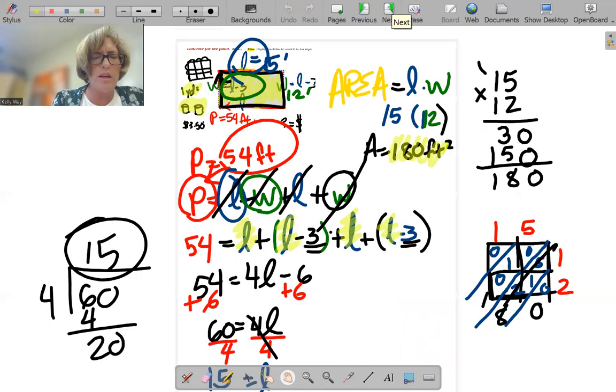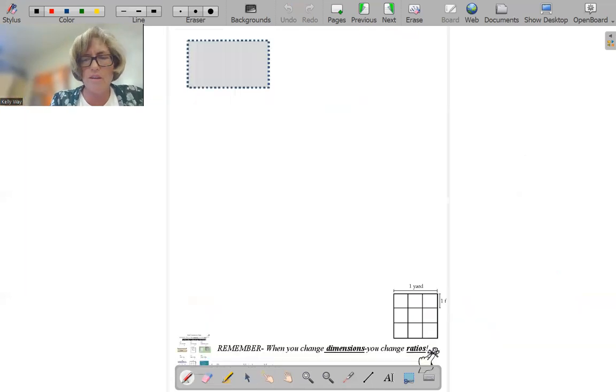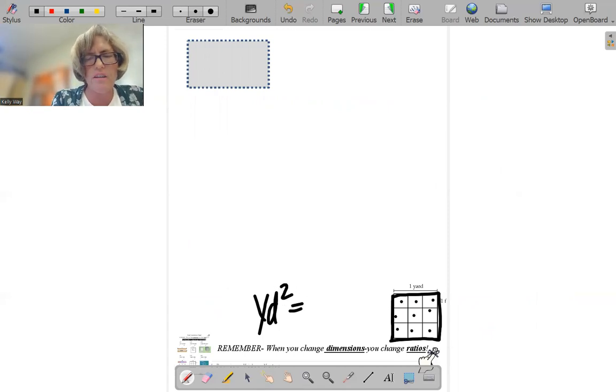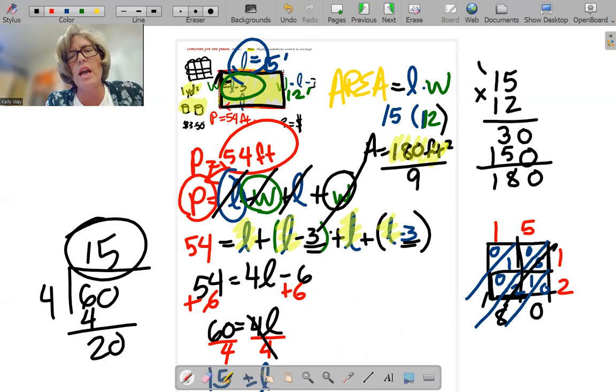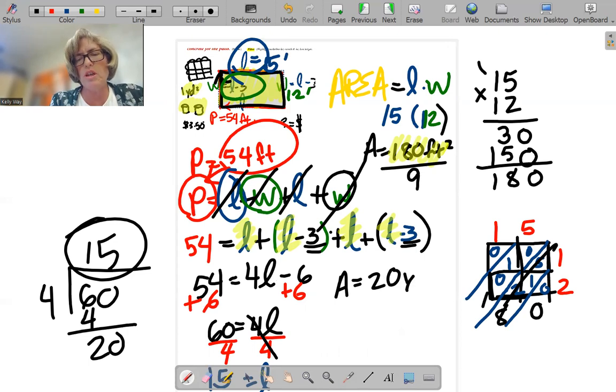Right here, you should see a yard squared is actually 1, 2, 3, 4, 5, 6, 7, 8, 9 feet squared. 1 yard squared is 9 feet squared. So to get this into yards squared, I'm going to divide by 9. So my area is going to be 20 yards squared.